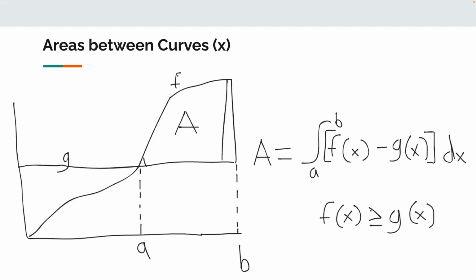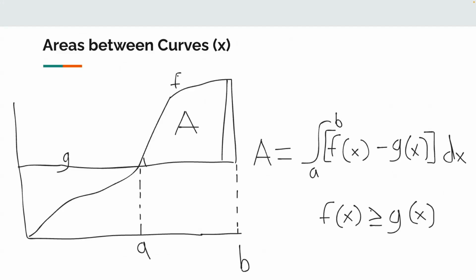Okay, now I'm going to go over how to find the area between curves. So far, when you've taken the integral, that's essentially been the area between the function and the x-axis. So how do you relate it to different axes? Essentially, the area between two functions from a to b is the integral of f of x minus g of x.